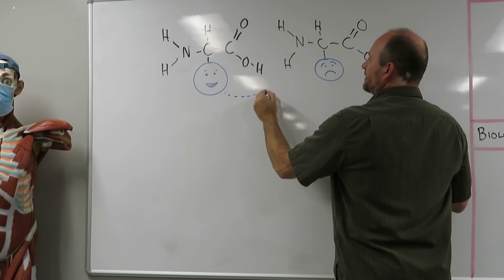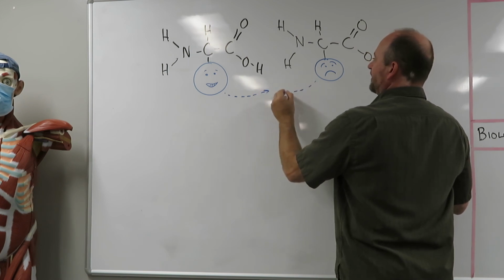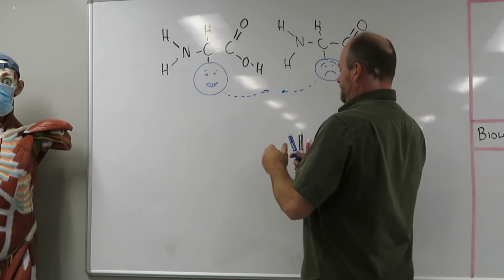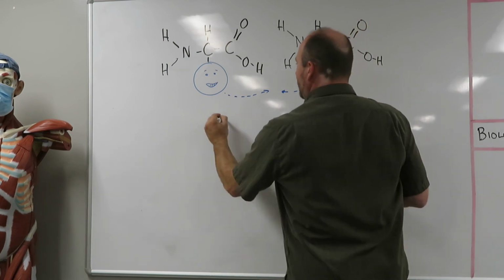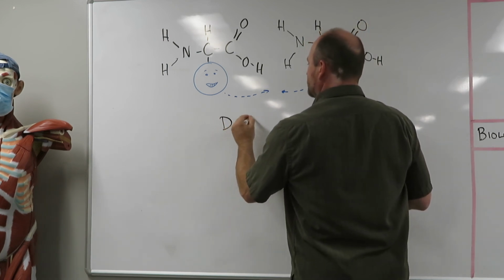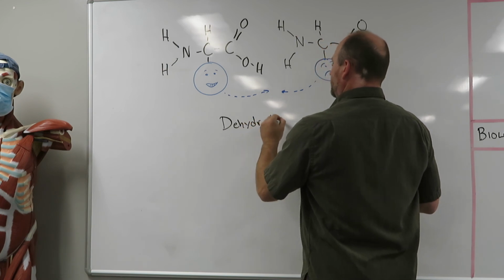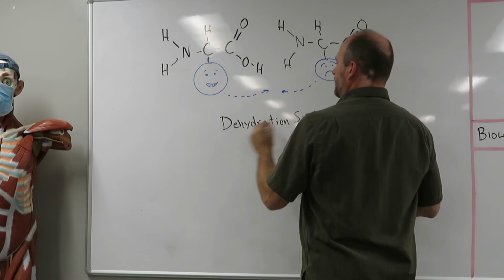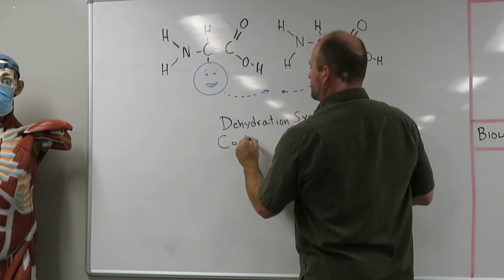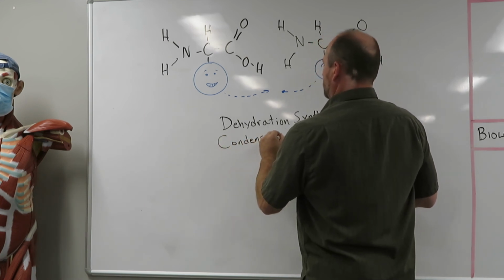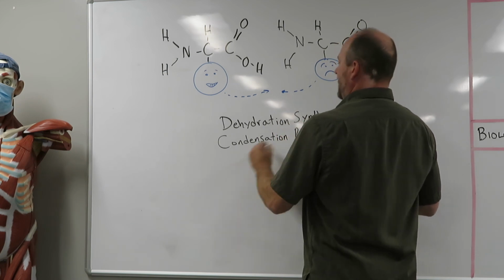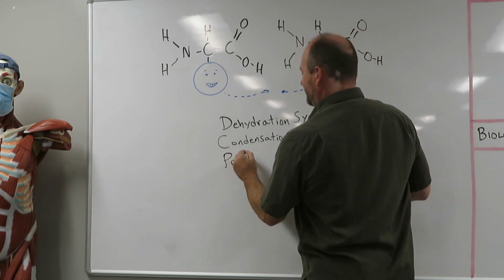And this one is going to lend a hand to this one. And we'll get to that in a little while. The next thing that's going to happen is something called dehydration synthesis. And another way of thinking about it is, because water is going to appear, we call this condensation reaction. And when it occurs between two amino acids, we call it a peptide bond.